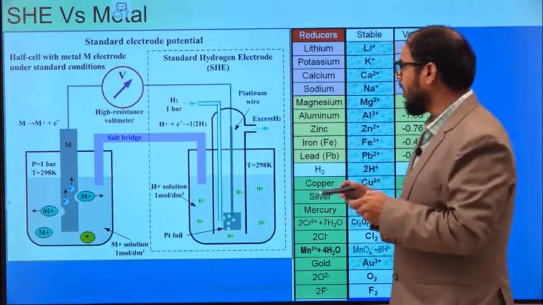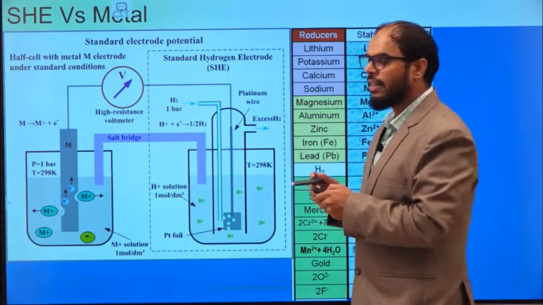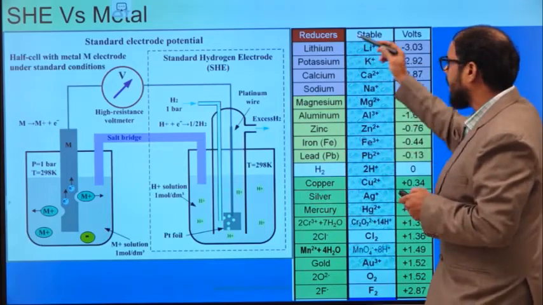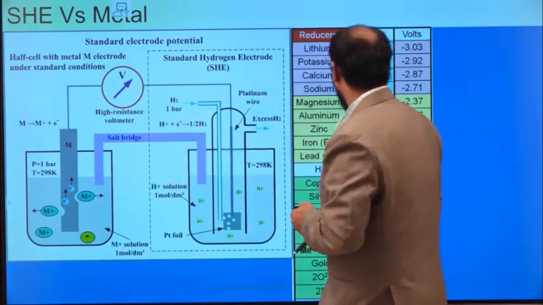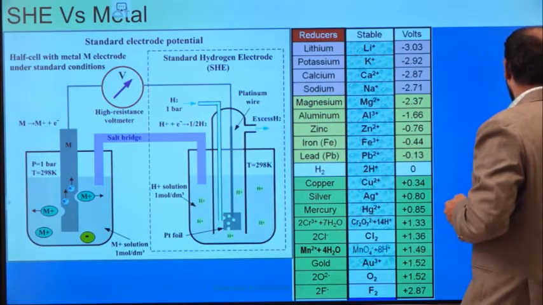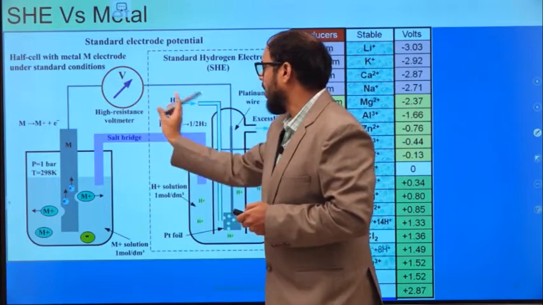And how do we know that? The SHE electrode is acting as a cathode and the electropositive elements are acting as an anode by the simple deflection of the voltmeter. We can see the voltmeter deflecting towards the right side.